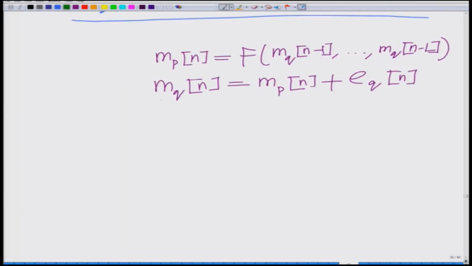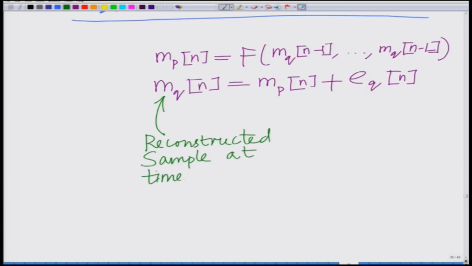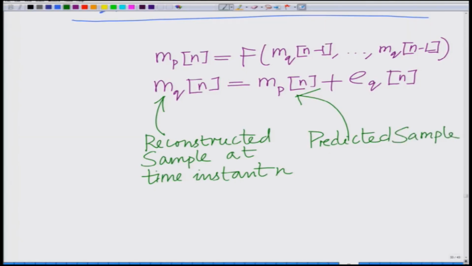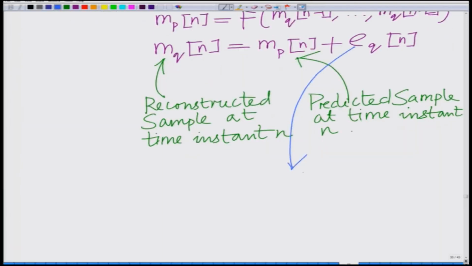Let me describe these quantities. MQ of n is the reconstructed sample at time instant n. MP of n is the predicted sample at time instant n from the past L quantized samples, and EQ of n is the quantized error at time instant n.